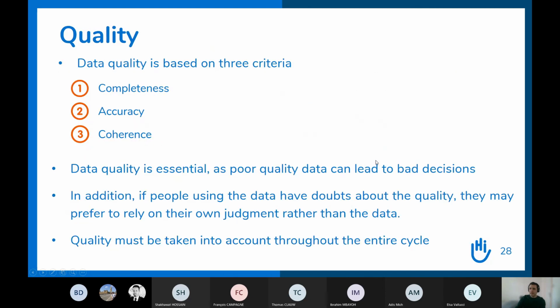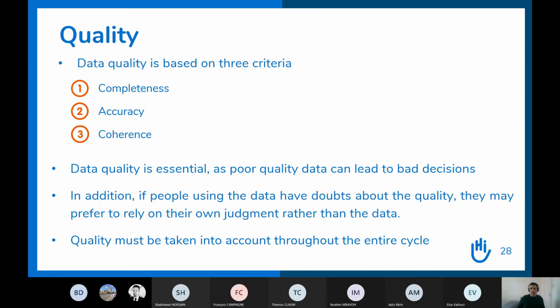And then the last thing is data quality. It's really in the center of the cycle. It's really important, and once again, it applies at all the steps. We usually define data quality by 3 criteria. Completeness, meaning that you have to be sure that your data is complete, that you are not missing some information.